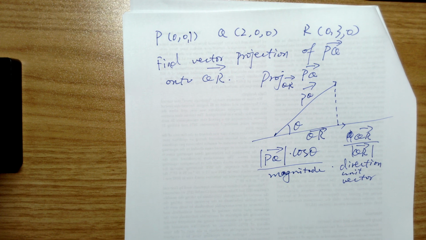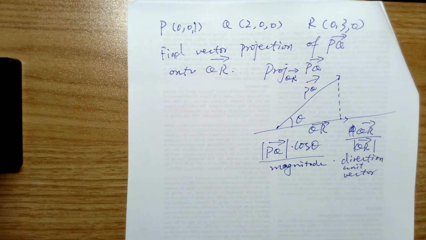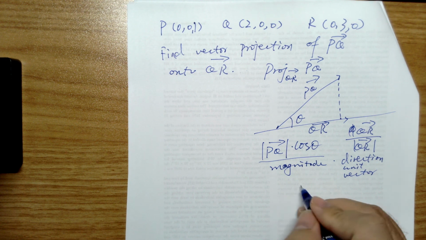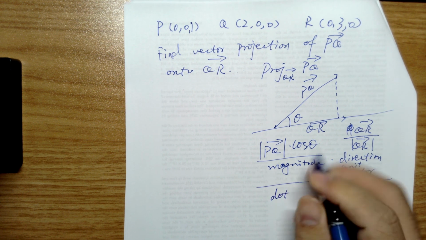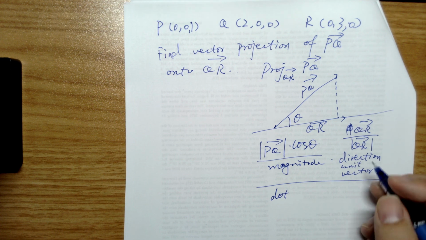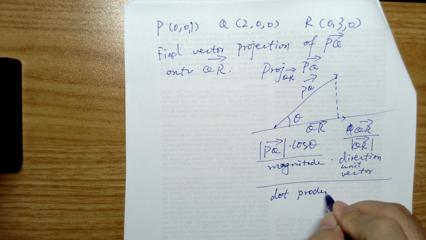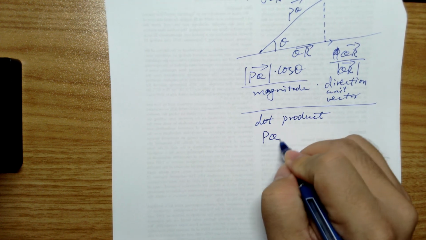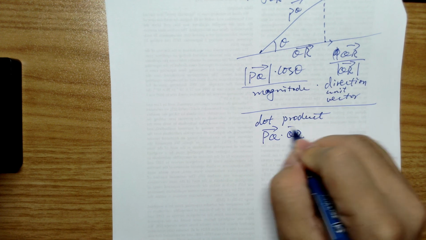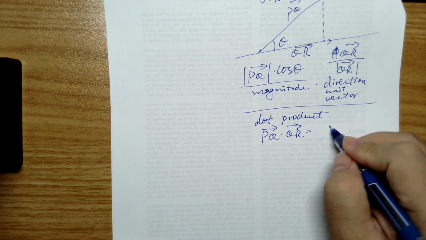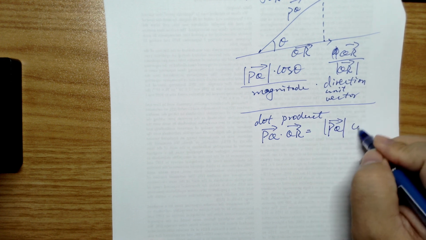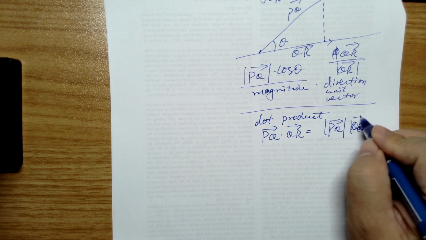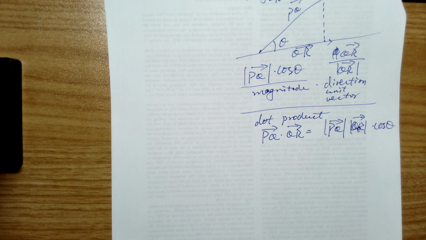And on top of that, I need to know the geometric interpretation of the dot product, which is, if we do PQ dot QR, that dot product is the definition here.